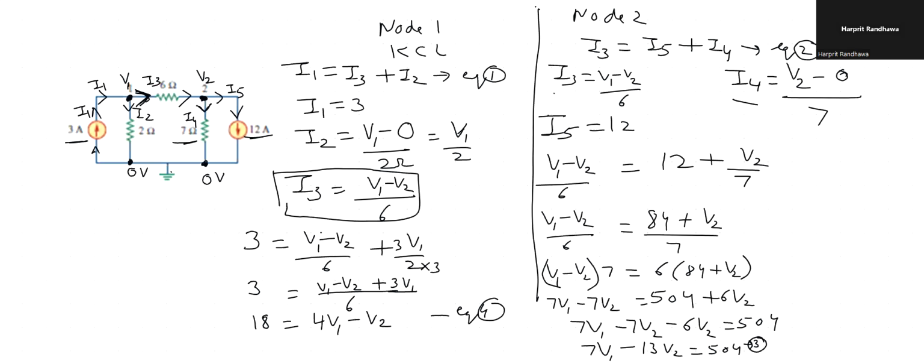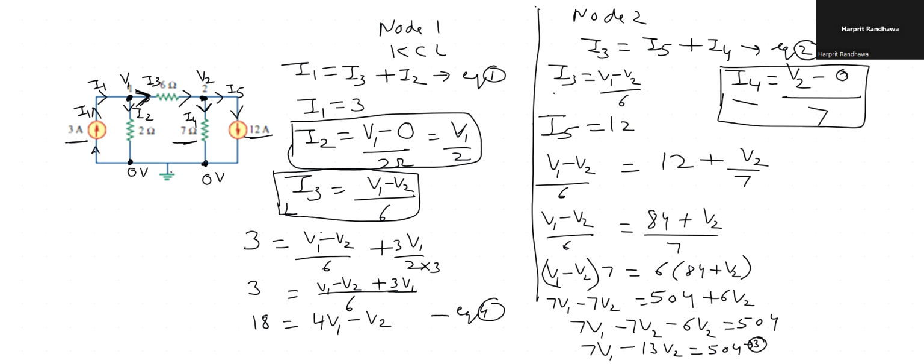Now, if it is required to find the values of I2, I3, I4, that is the current in each branch, you simply plug in the values of V1 and V2 in the I2 equation, I3 equation, and then in the I4 equation. So you can find the value of current in each branch. This method is called the node method.